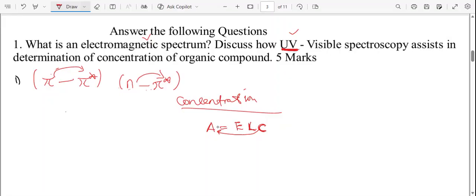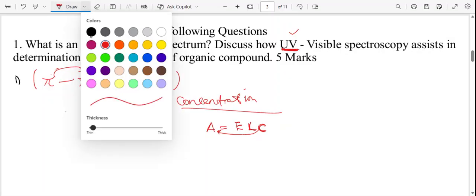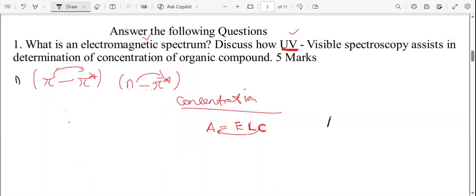Let me tackle this and solidify one or two things. A is the absorbance.